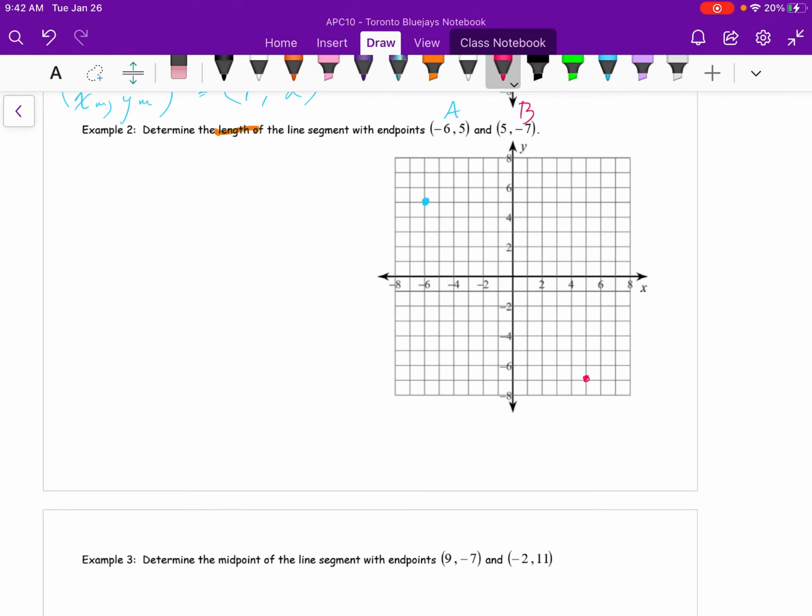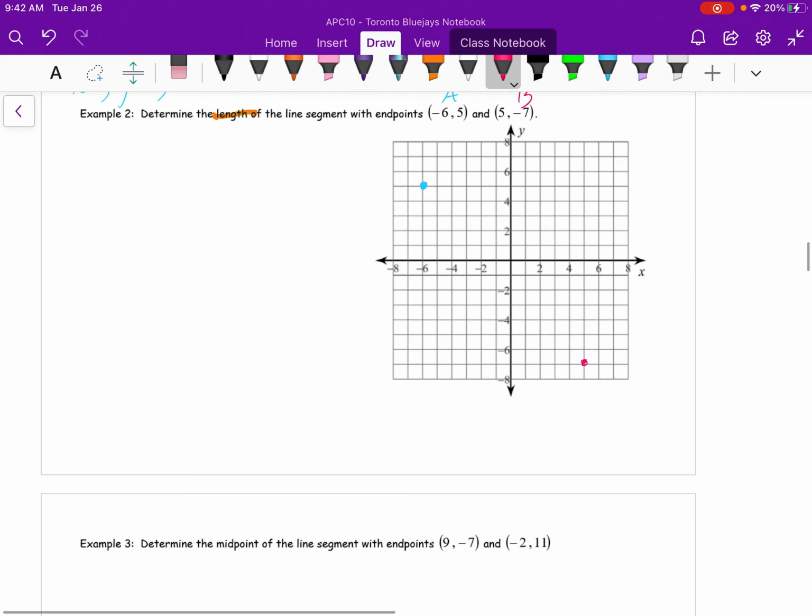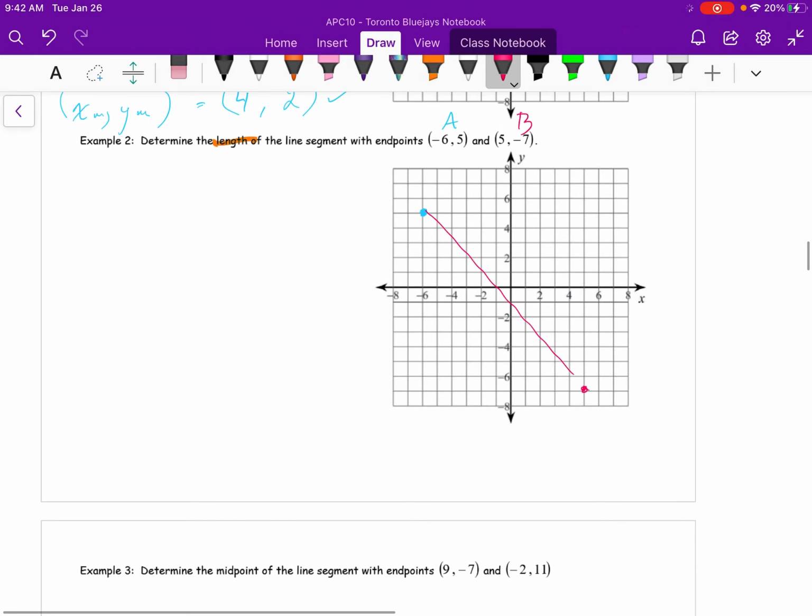There we are. Now I lack a ruler here, so I'm just going to try my best. Now notice this didn't ask for midpoint, it asked for length.